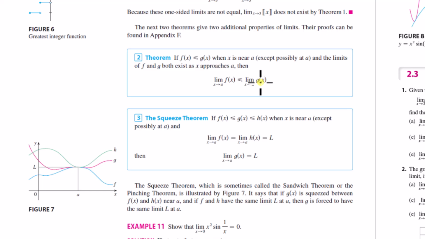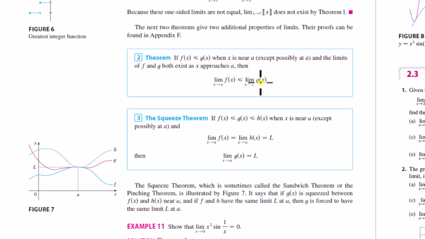There are no restrictions at all, except that just near a, on both sides of a, for any x value you plug into these two functions, f of x and g of x, the outputs are such that f of x will always be less than or equal to g of x. Okay? And with that, if the limit as x approaches a of both functions does exist, then it has to be the case that the limit as x approaches a of f of x is less than or equal to the limit as x approaches a of g of x.